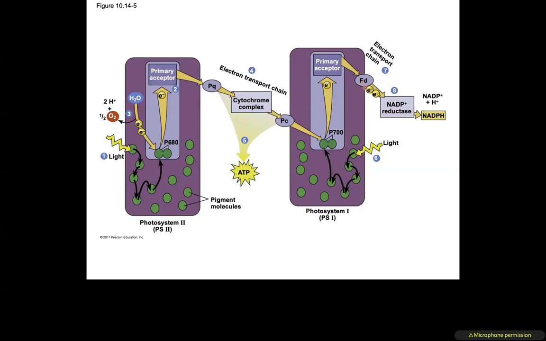Ferredoxin will pass those electrons to the NADP plus reductase, and then it will grab some H's that are floating around, and it'll become NADPH. So the ATP that is made in the electron transport chain and the NADPH that is made at the end of photosystem 1, those get sent to the Calvin cycle.